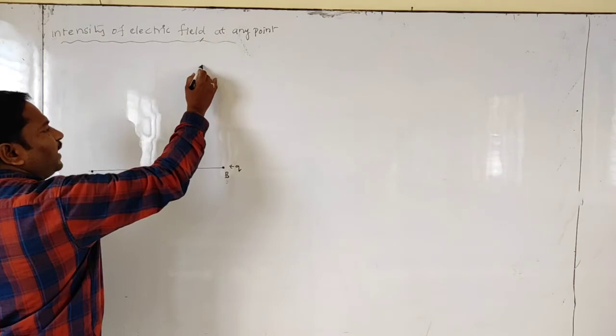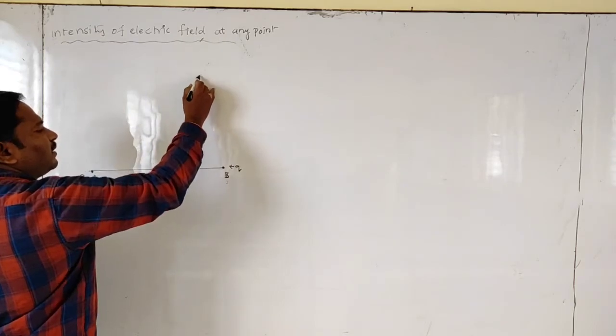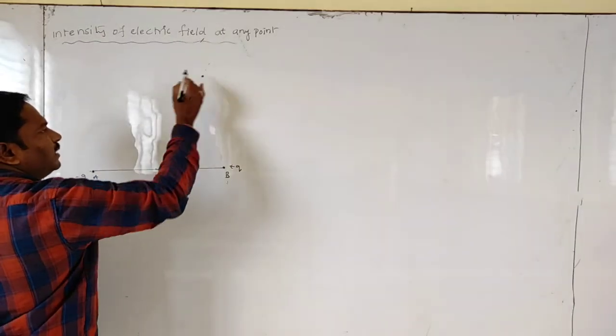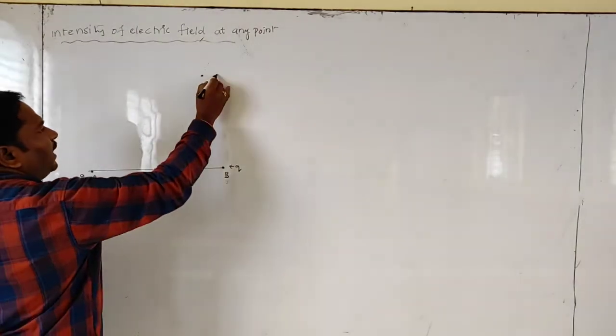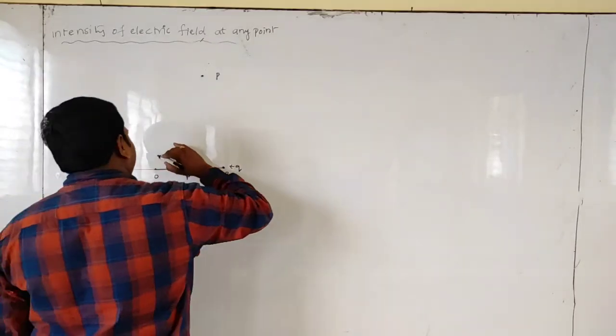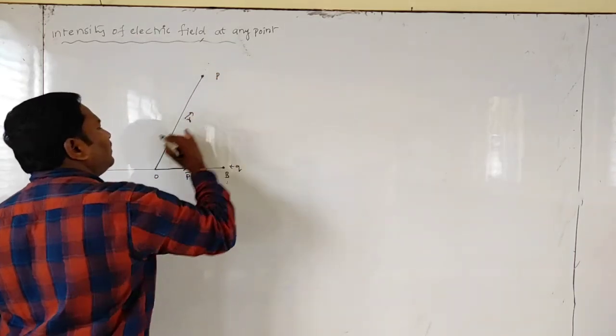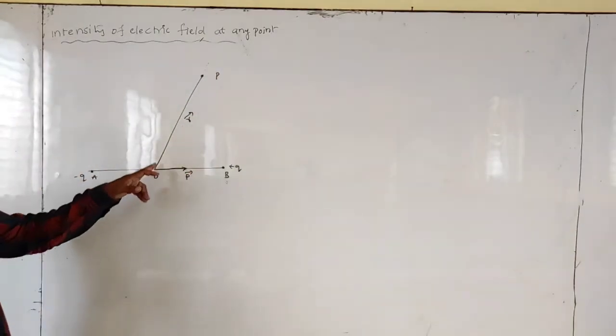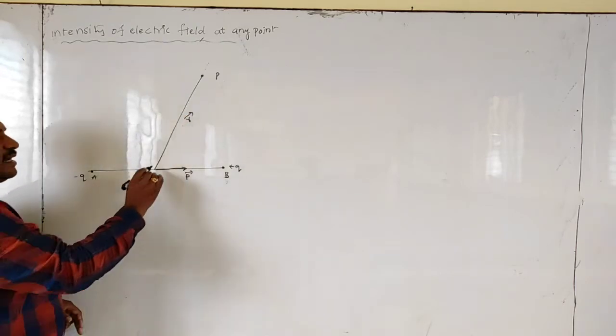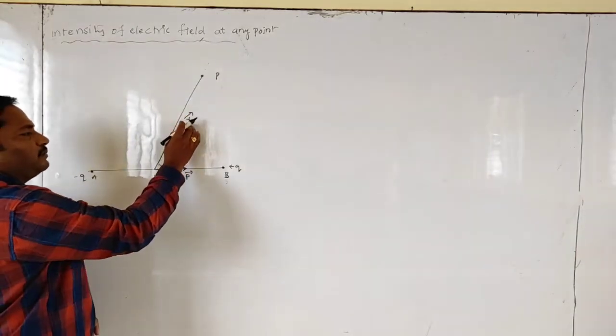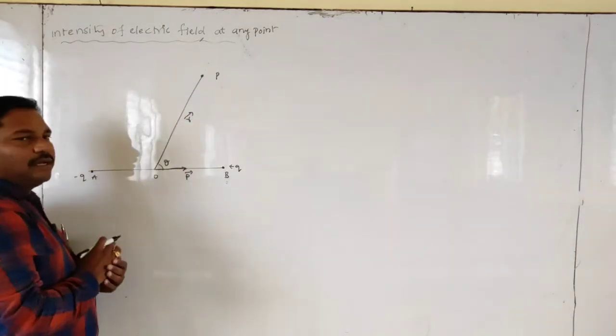Now we are going to find the intensity of electric field. This is the point P, which is at a distance r from the center of the dipole, and the position vector makes an angle theta with the dipole moment.